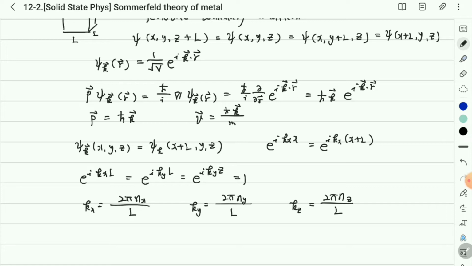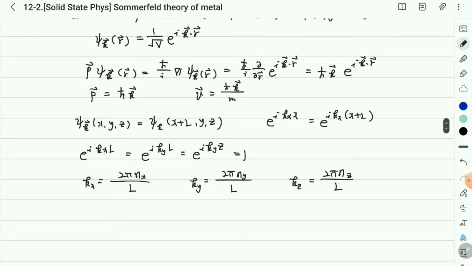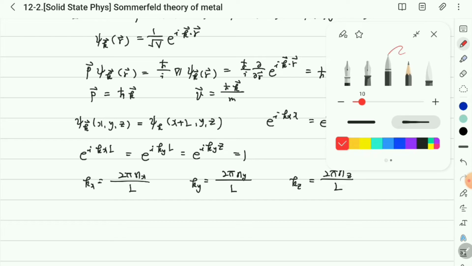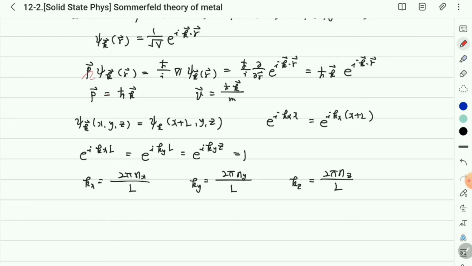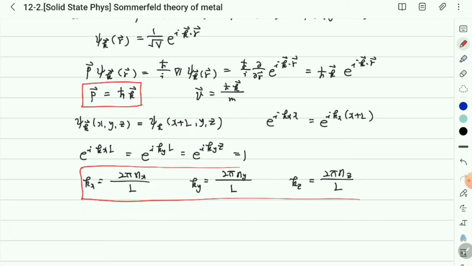And it is very important because this k value is related to momentum, since momentum is h bar k. Here the k value is quantized because n_x, n_y, and n_z are integers.